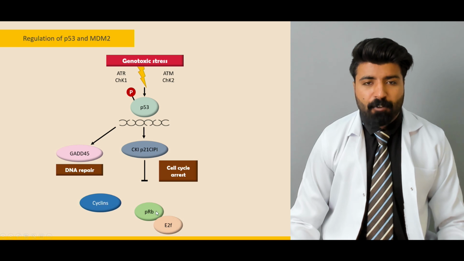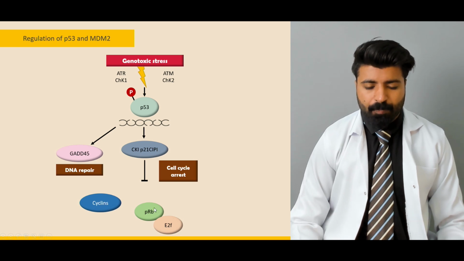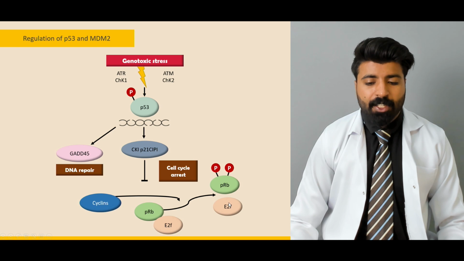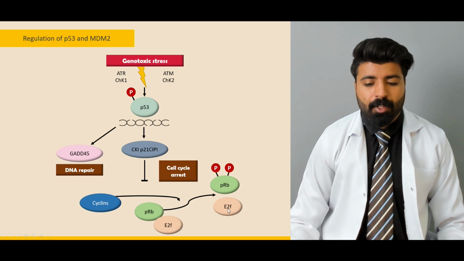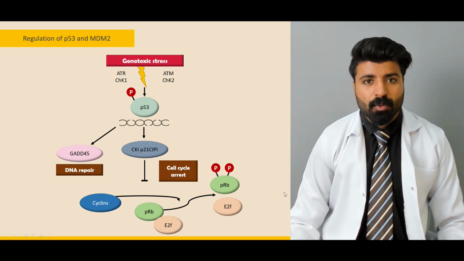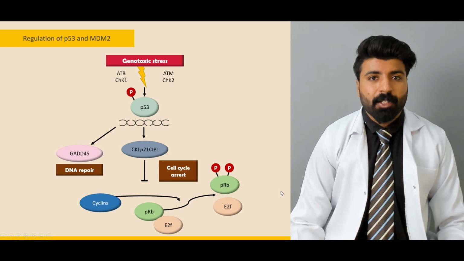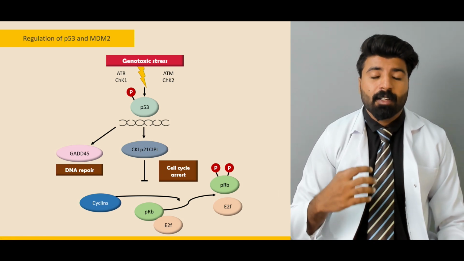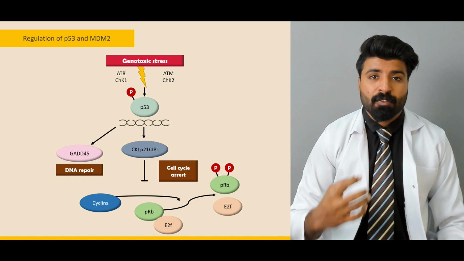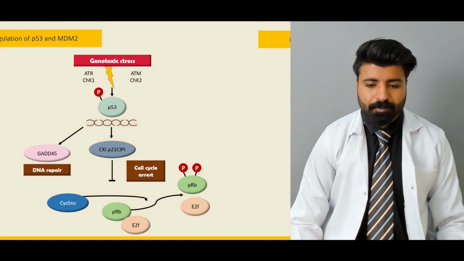Cyclin will hyperphosphorylate the retinoblastoma, which leads to E2F going free. With retinoblastoma hyperphosphorylated, E2F goes to the genetic material and starts the process of DNA synthesis.